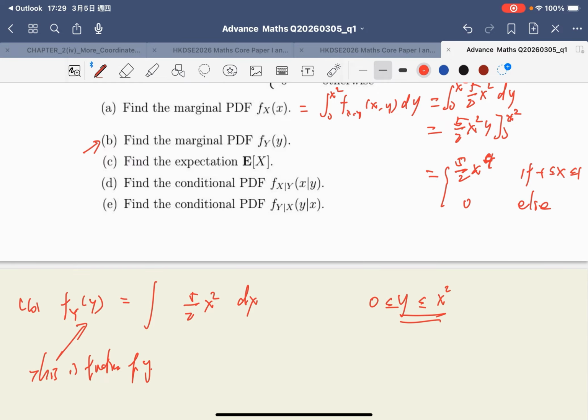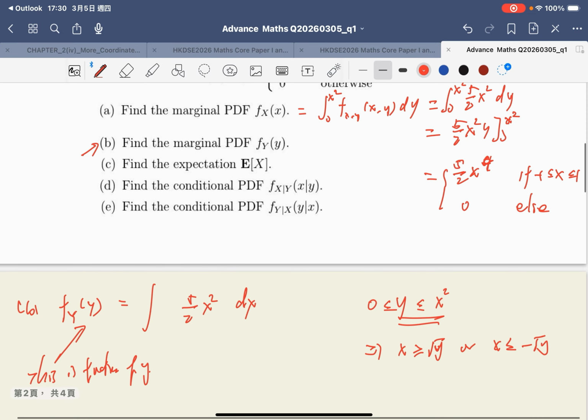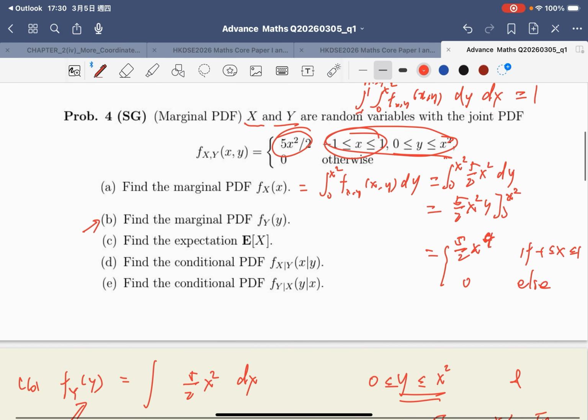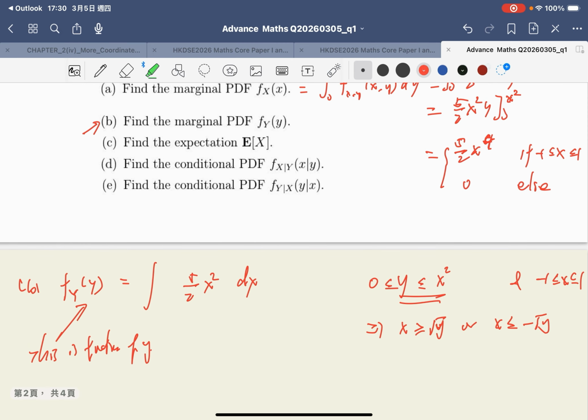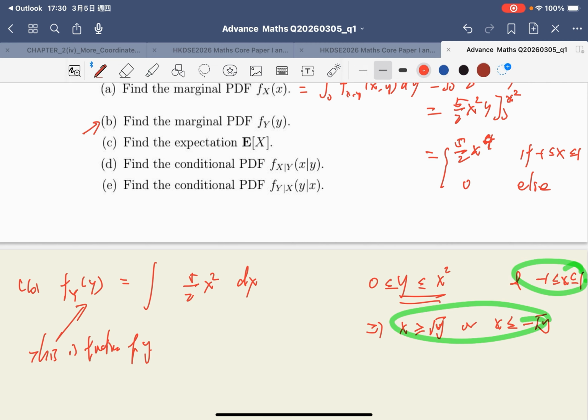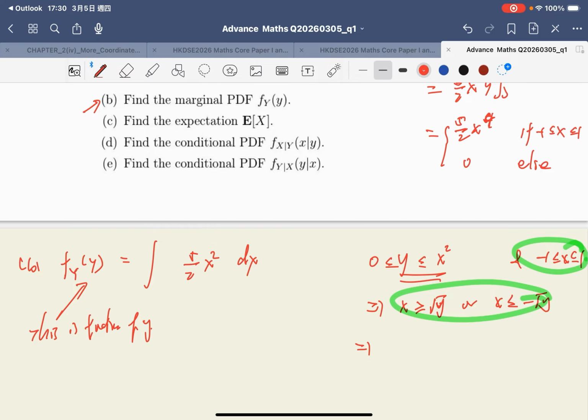Then you solve this inequality. You get x is greater than or equal to root y, or x is less than or equal to -root y, inside x between -1 and 1. Combining this condition and this condition, the range of x is -1 to -root y, or root y to 1.